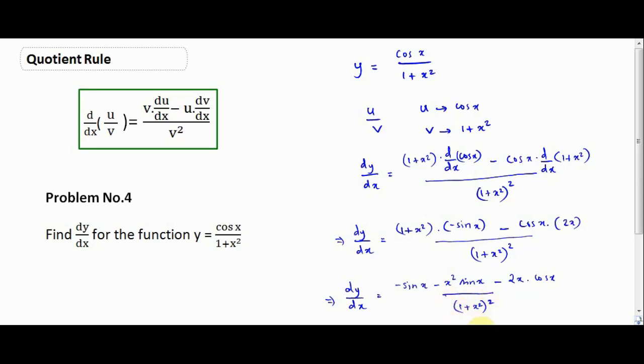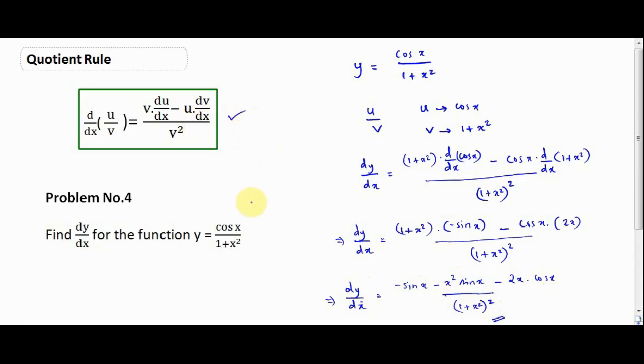Okay, so this is the answer. So the given function is y is equal to cos x by (1 plus x square) and its derivative is dy by dx equal to minus sin x minus x square sin x minus 2x into cos x divided by (1 plus x square) the whole square. So we are finding out the derivative by making use of the quotient rule.